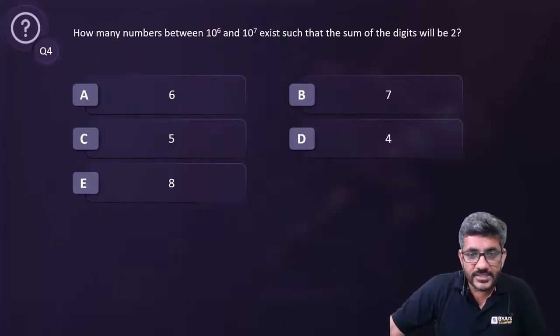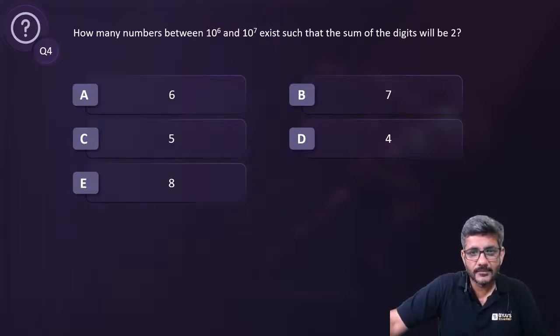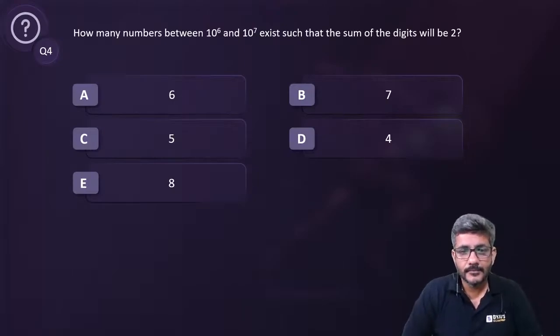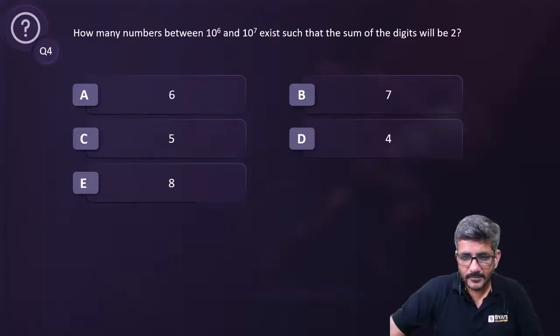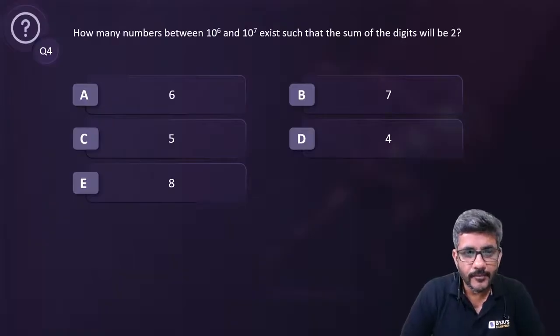Here we have question number 4 now with us. Let me see how many of you answer this fast.